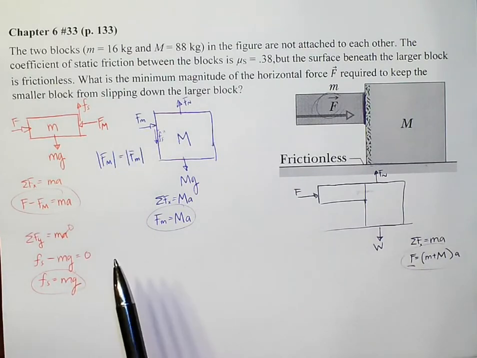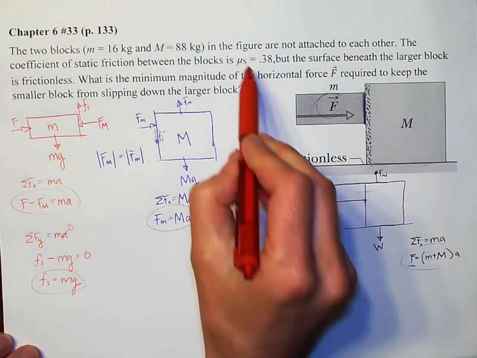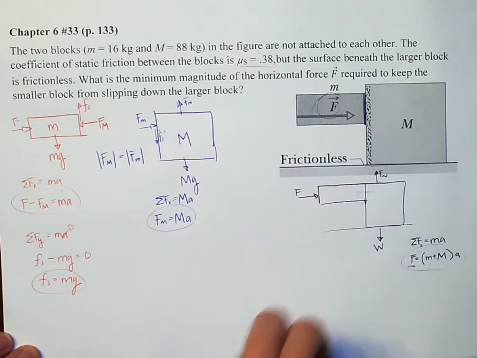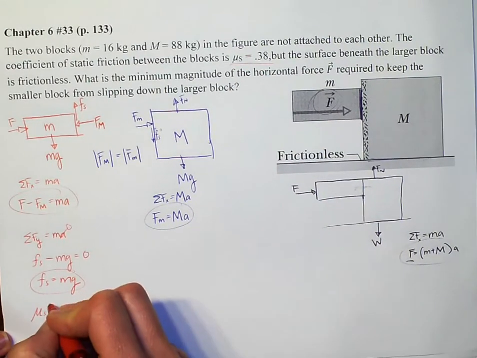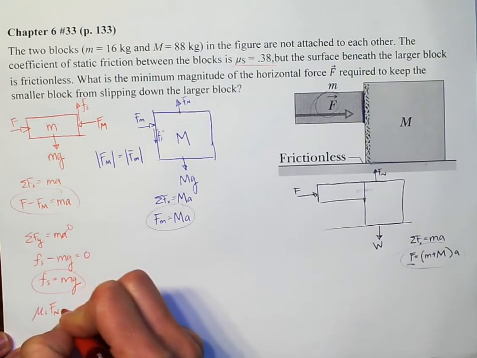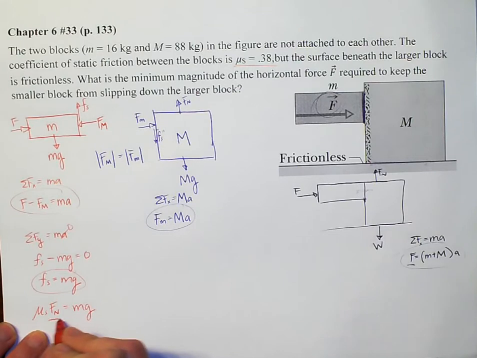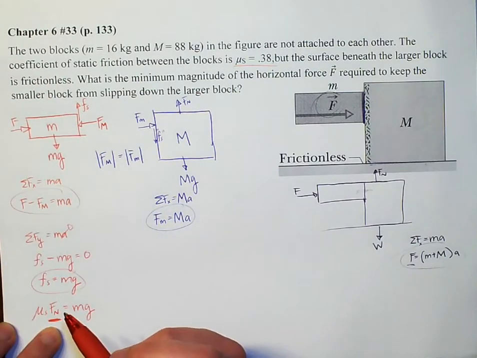And so let's break this down a little bit more, because we know that we're given the coefficient of static friction, and so if that's the case, we probably should use it. So we know that friction is mu s times our normal force, and friction equals mg. However, this is also a place that students get confused, because they're like, oh, normal force, is that this normal force? Should there be another random force going up from here?